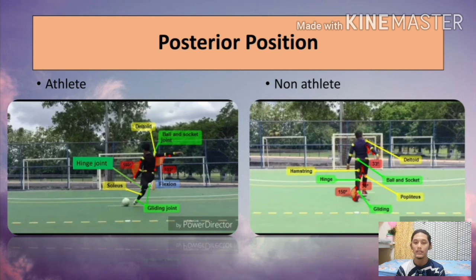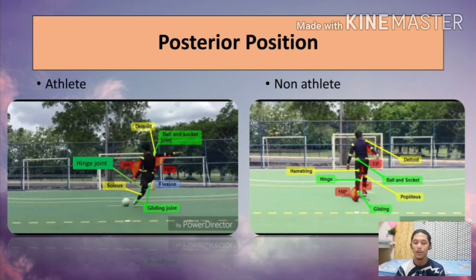So the muscles involved in this position are deltoid, soleus, hamstring, and popliteus. And the joints involved in this position are hinge joint, gliding joint, and ball and socket joint.